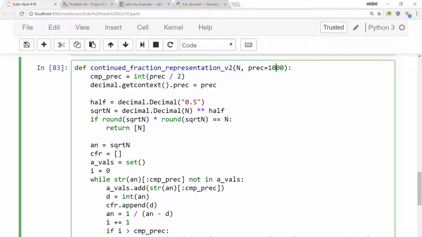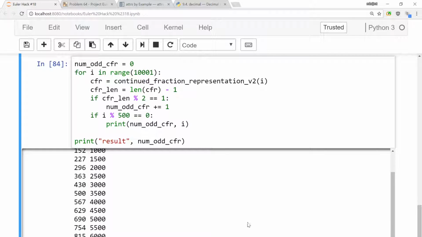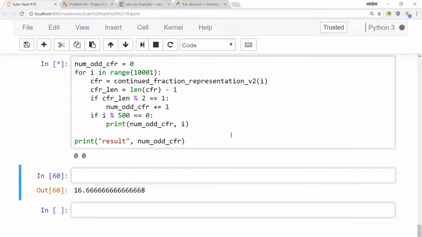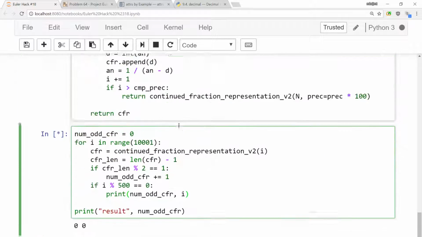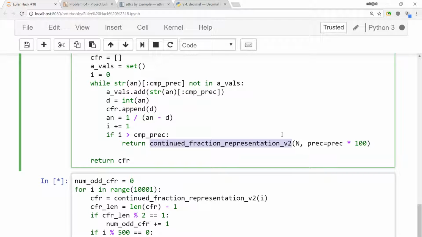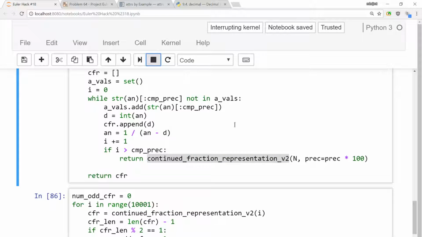Should we try faster? I doubt it. Doesn't look like it. No, I mean that internal recalling of the function, we don't use it.